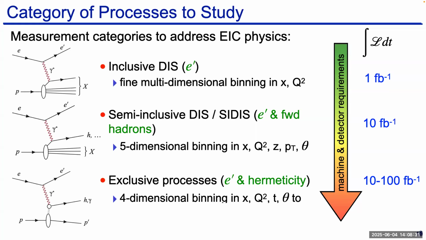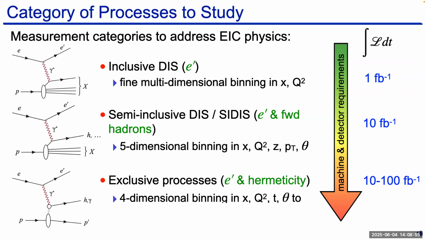luminosity you produce versus the energy, the highest energy, if you run 18 on 275, is sitting here, while if you go, this is 10 on 100, and this is 18 on 275. No, so the other way around.